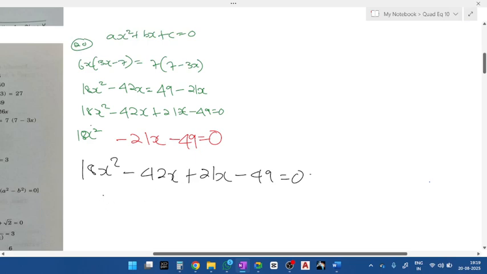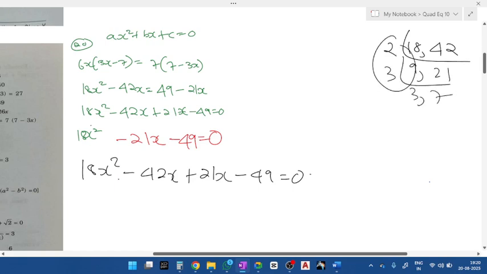What is the common factor here for 18 and 42? Start with 2. 2 nines are 18. 2 twenty-ones are 42. 3 sixes are 18, 3 sevens are 21. What is common? 6x.